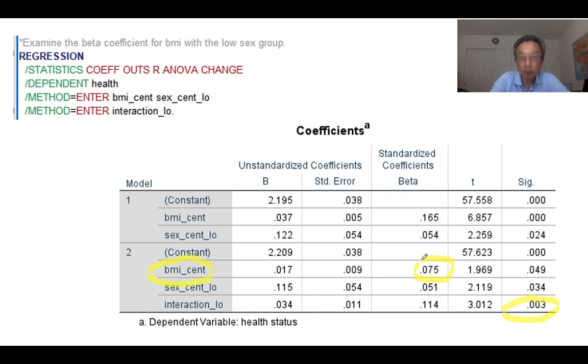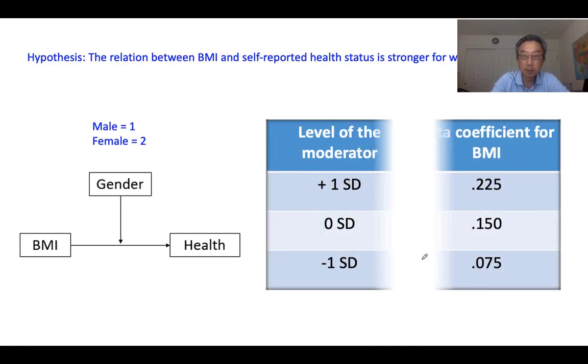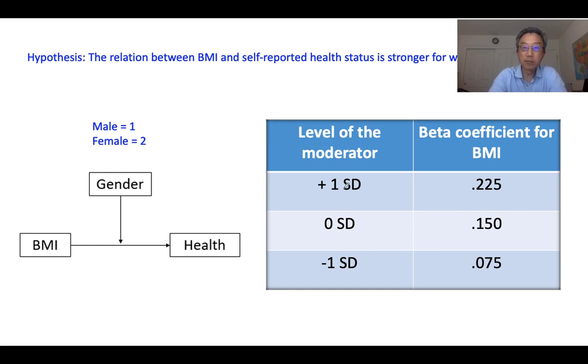Right? So let's summarize the results of the simple slope analysis right here. The level of the moderator: 1 standard deviation above the mean, 1 standard deviation below the mean, and this is the original analysis when everything is centered. The moderator is centered, and that analysis is equivalent to 0 standard deviation.